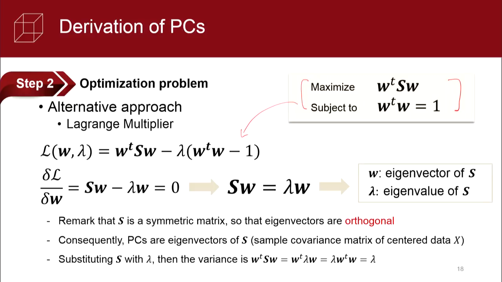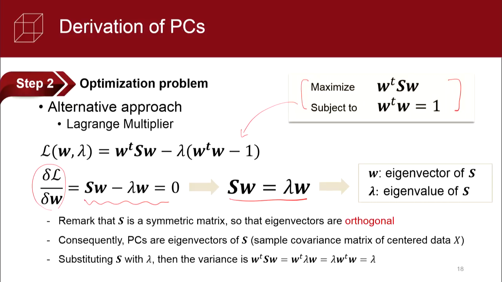If you take the partial derivative with respect to w, this is what we get. And if you take a look at this, we have SW equal to lambda w. What does that mean? W is the eigenvector of S, and lambda is the eigenvalue of S.